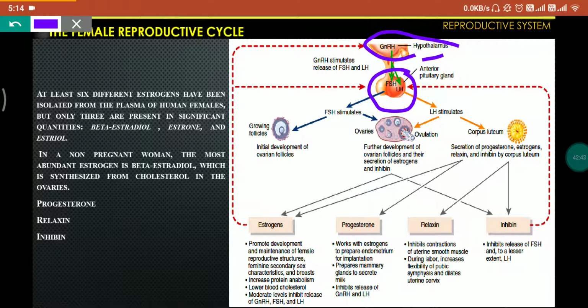And follicle stimulating hormone acts on the stromal cells, the theca interna, which produces hormones called inhibin and estrogen.